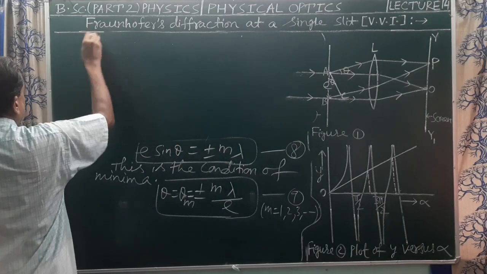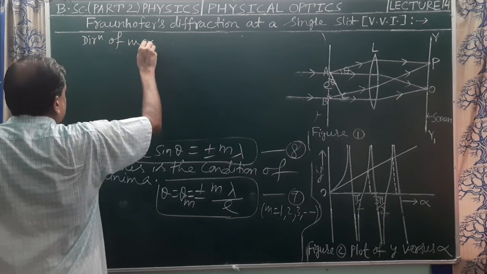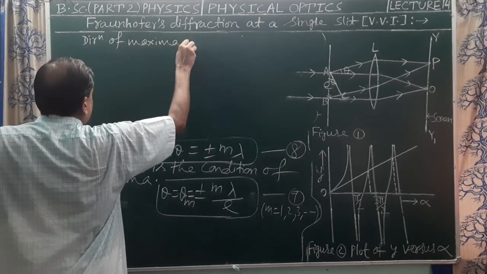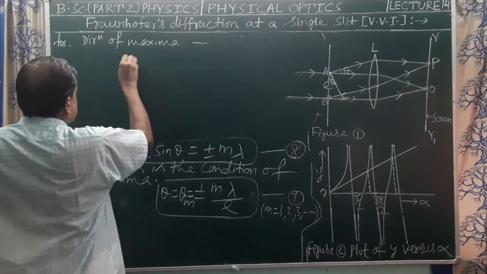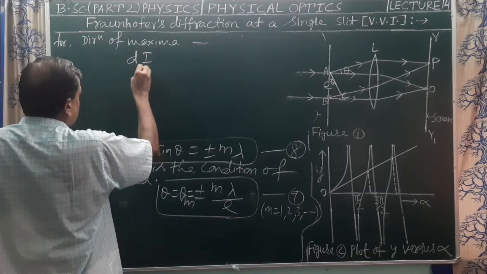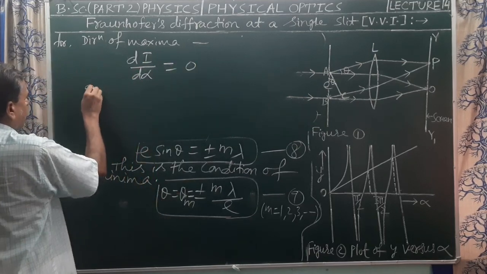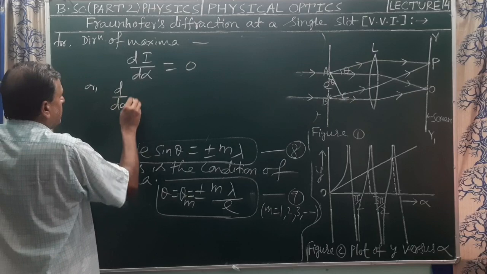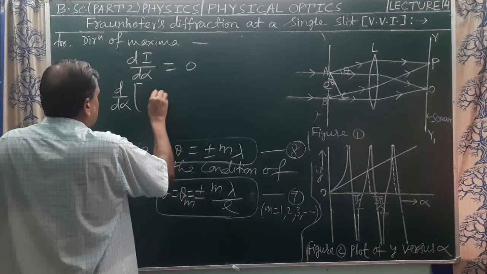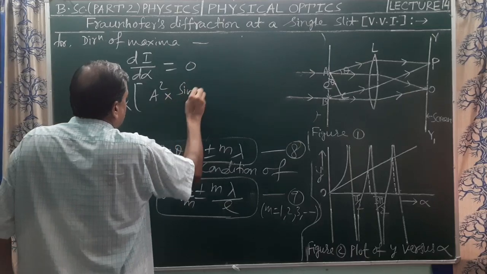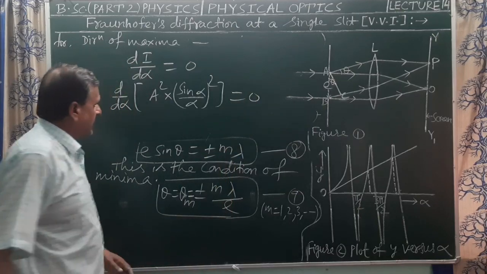For the direction of maxima, we have dI/d alpha, where the value of I is given by equation 6 as A squared multiplied by sin alpha upon alpha squared, equal to 0.